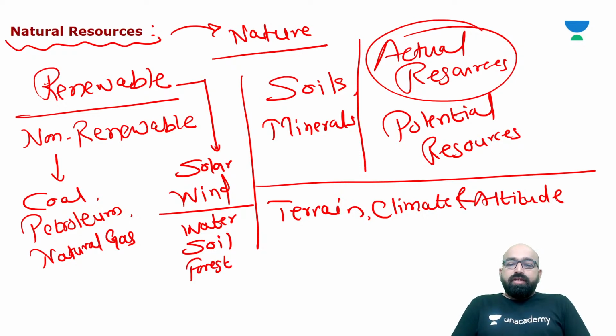So this distribution of resources is unequal because the factors differ so much over the earth.